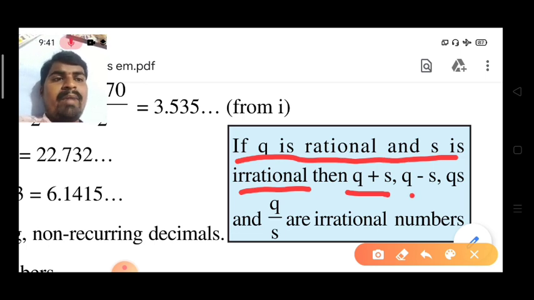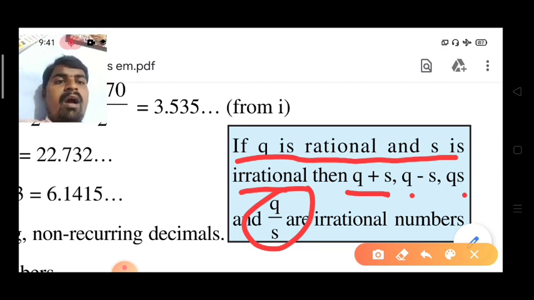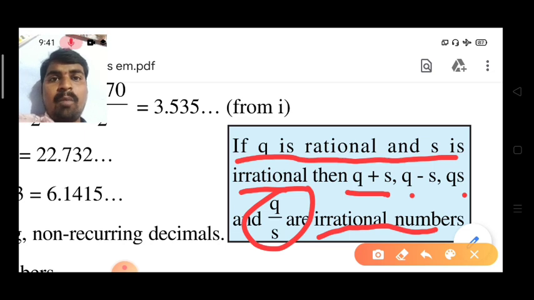Q minus S is rational minus irrational or irrational minus rational. Q into S is rational into irrational or irrational into rational. And Q by S is rational by irrational or irrational by rational. For the combination of rational and irrational in addition, subtraction, multiplication or division, the result is what? All are irrational.